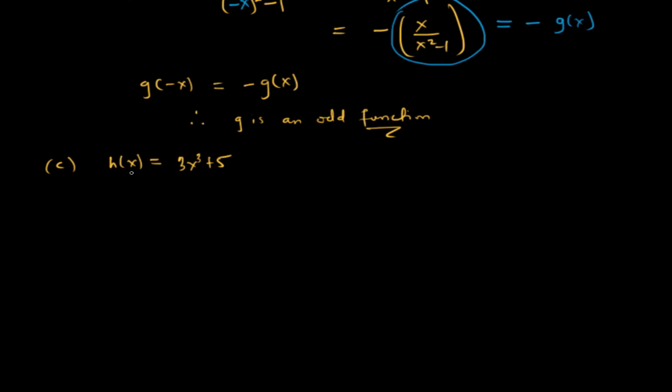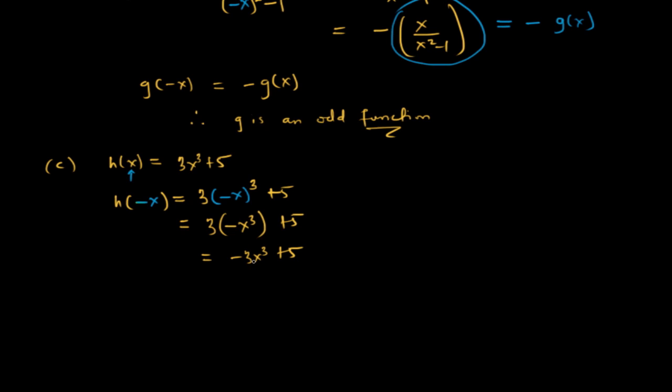We replace the x with negative x, so h of negative x equals 3 into negative x to the power 3, plus 5. Negative x all cubed is negative x cubed, then plus 5, which is the same thing as negative 3x cubed plus 5.